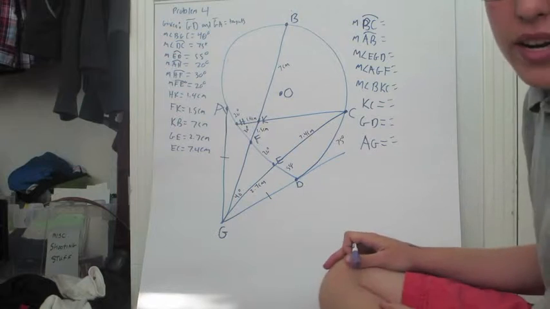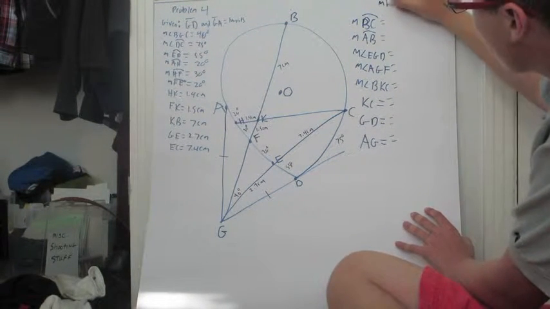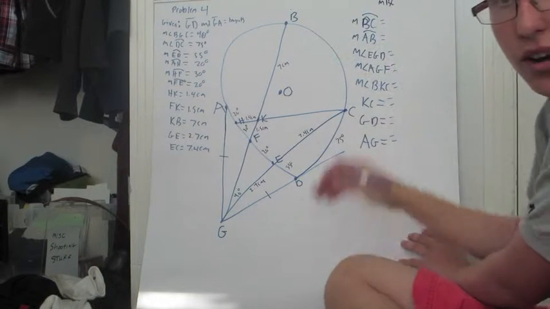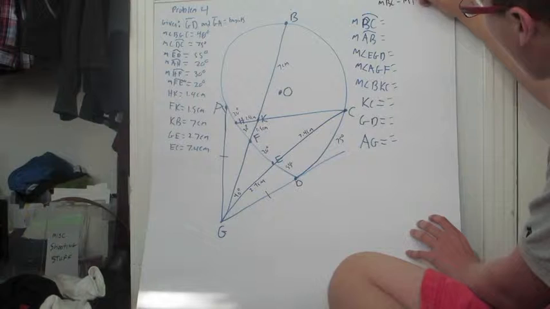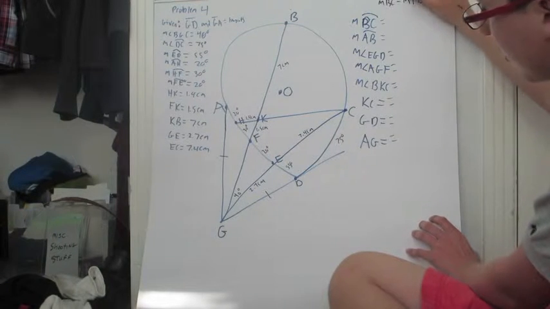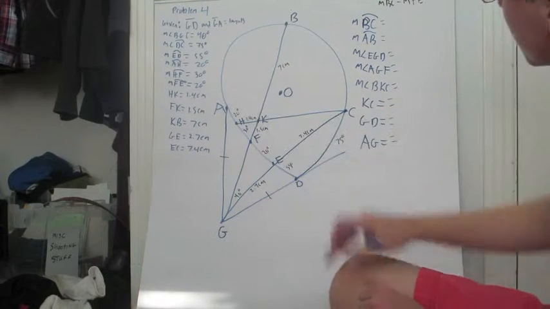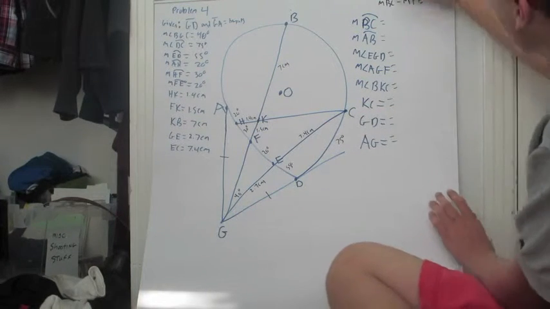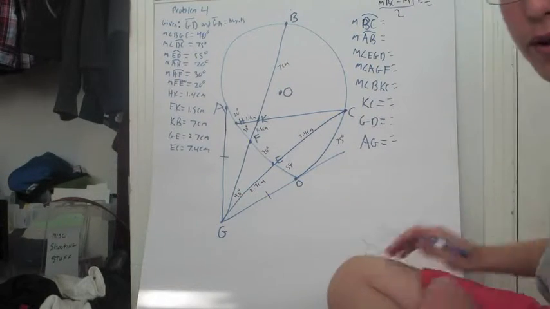So how we do it is we would take the measure of arc BC, which we do not know yet, minus the measure of arc FE right here, this smaller measure. We take the bigger measure and subtract the smaller measure over 2 equals this degree right here.